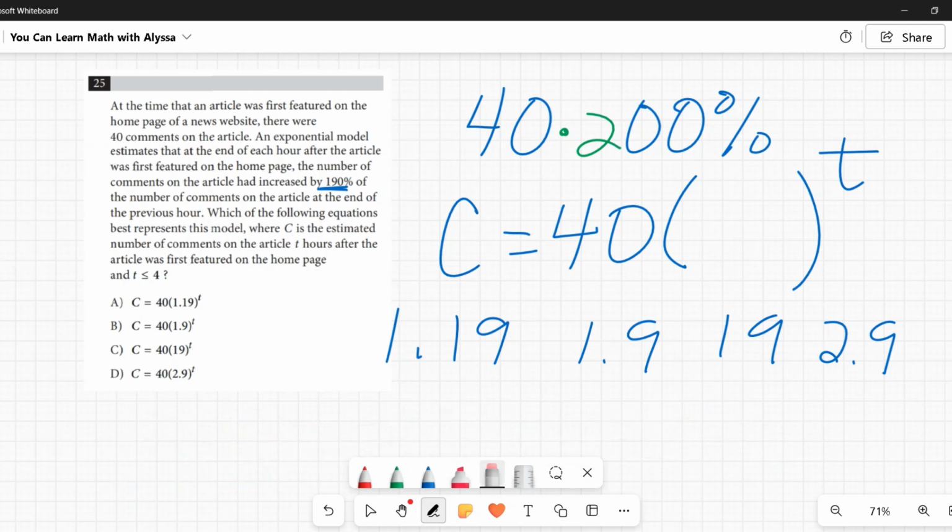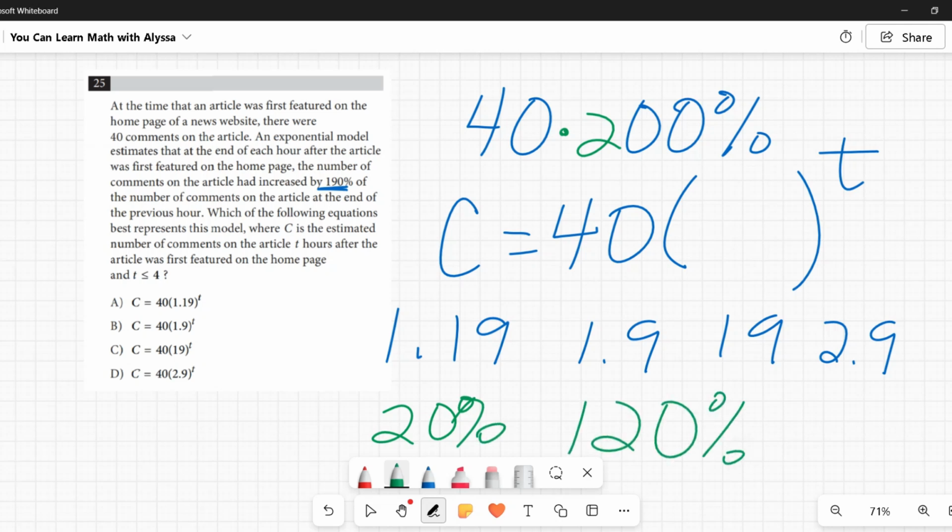If this were less than 100, like if this had been a 20% increase, I'd be multiplying by 120%. Because I need the new number to be that original number of comments plus the additional 20. So that's the 100 and the 20. So in this case, it is not multiplying by 190%.